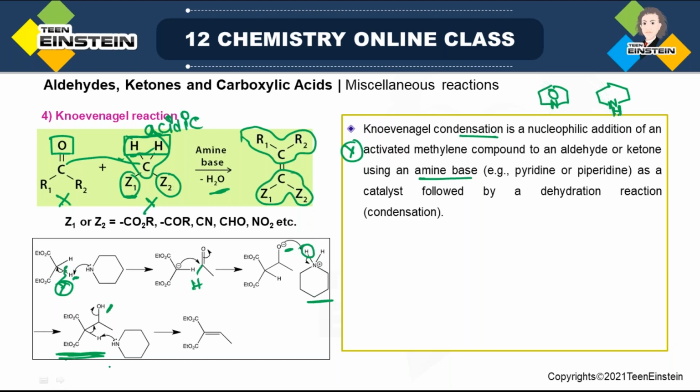But it is not the final product, because finally there is removal of water. So what we are doing, this OH and this H is removed, as if piperidine is taking this H, the carbon hydrogen bond is broken, a new CC bond is generated here, and the carbon OH bond is broken. So ultimately we are getting a CC double bond. Fine.